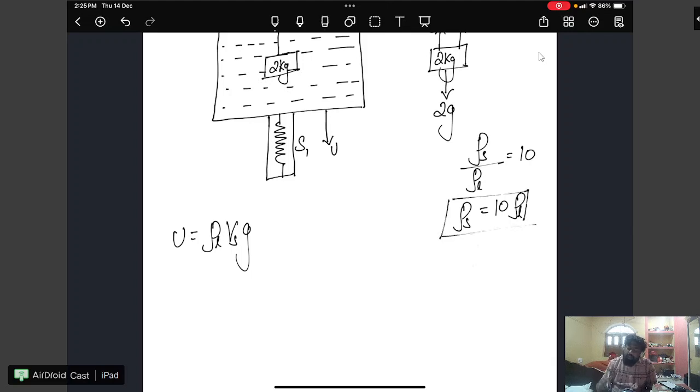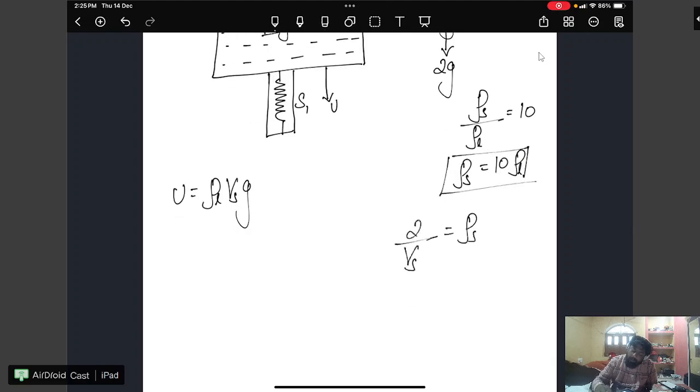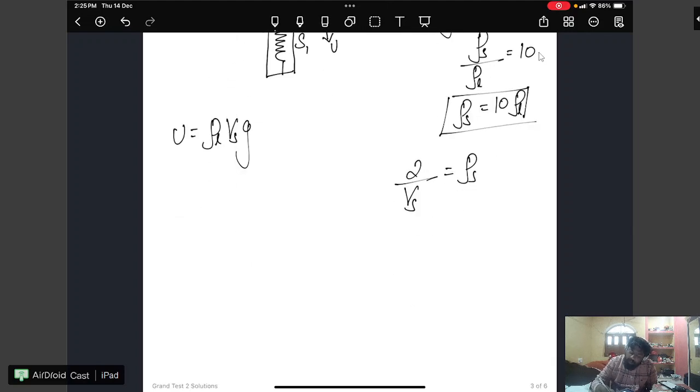Now the volume of solid we don't know. Mass upon volume of solid is equal to density of solid, so volume of solid will be 2 upon density of solid, which is 2 upon 10 times the density of liquid.